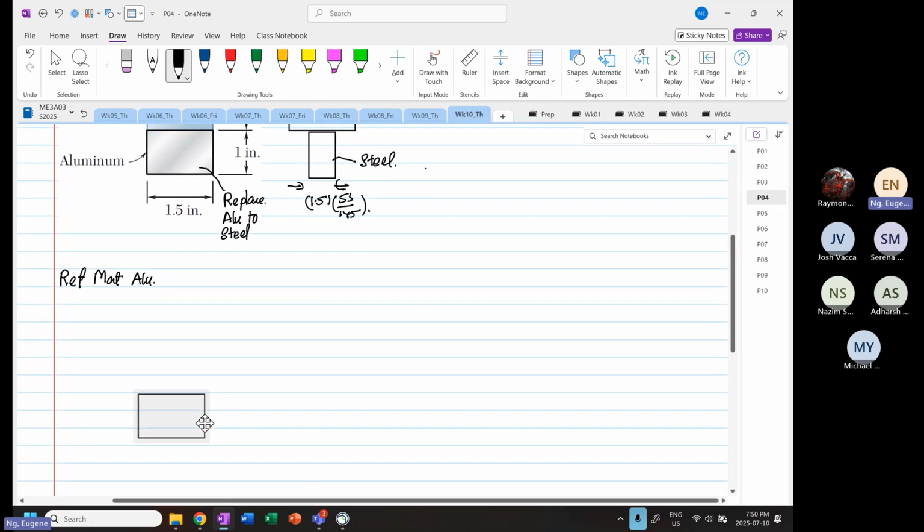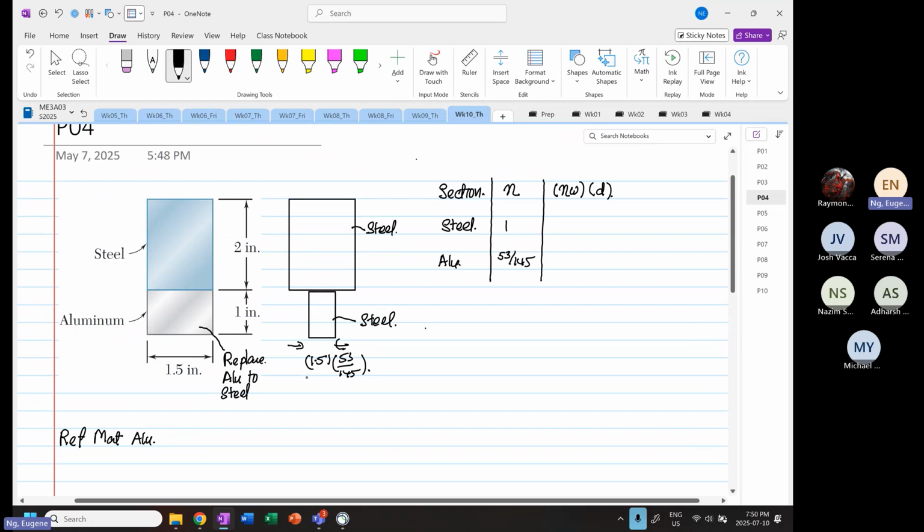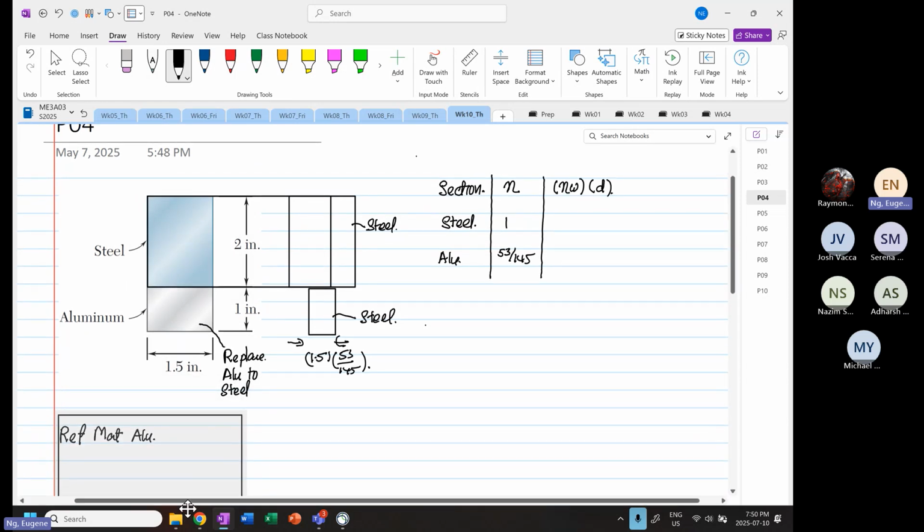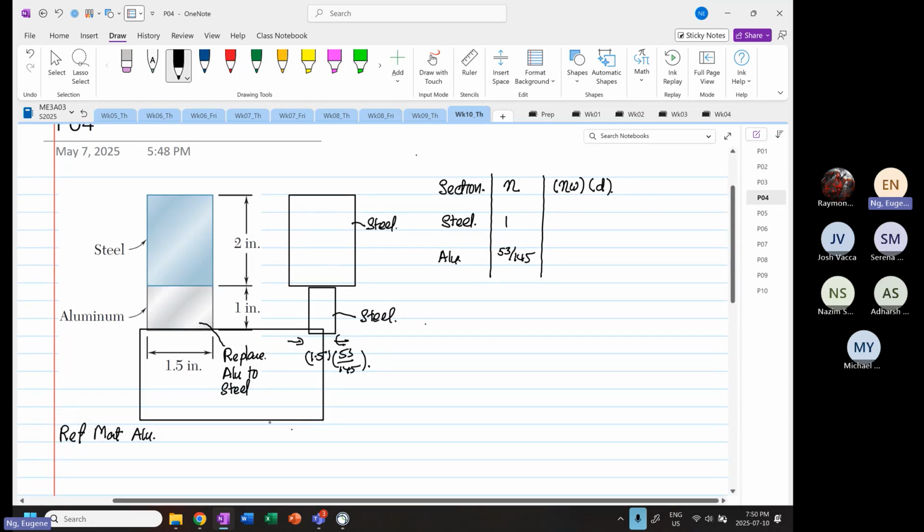So now if we're going to replace the top part with aluminum, aluminum being weaker than steel, yes or no? So now the top part will look like this. Again, I'm going to draw a box, but I want you to see that the height did not change. The only thing that changed is the width.